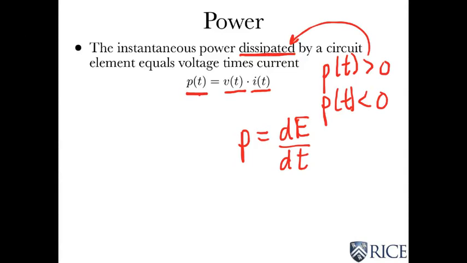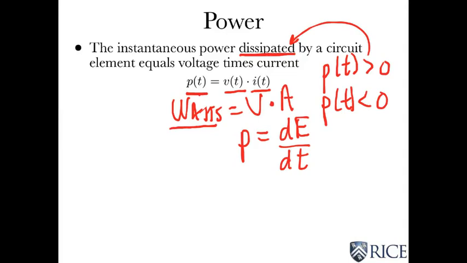So it's all very consistent. What's interesting is that watts is equal to volts times amperes. So you measure the voltage in volts, the current in amperes, multiply them together, and you'll get the power being dissipated or produced by that circuit element at that time.